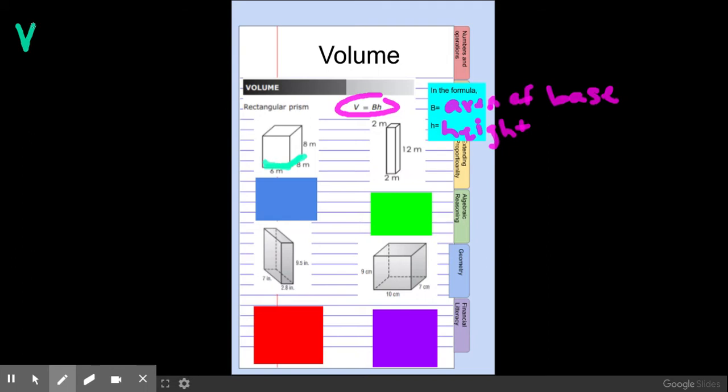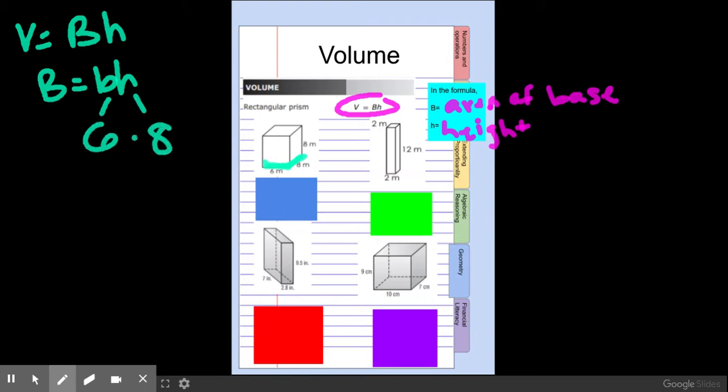So I'm going to use my formula that volume equals big B times H. My area of my base, my big B, is going to be base times height because it is a rectangle. Okay, so my base of my rectangle is 6. My height of my rectangle is 8.